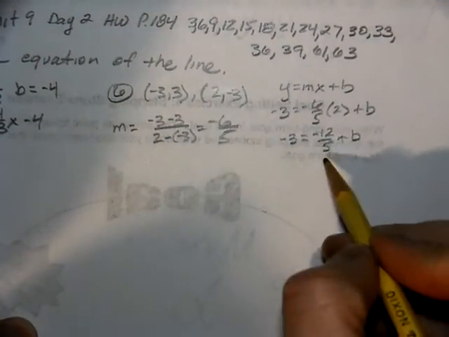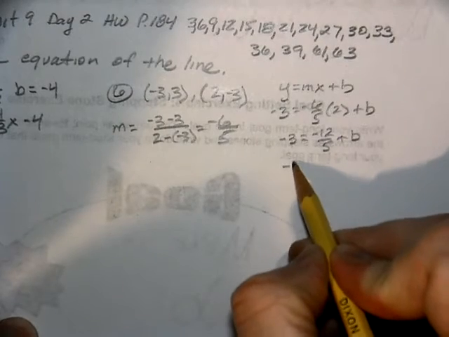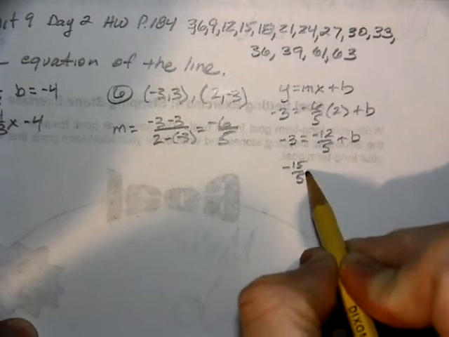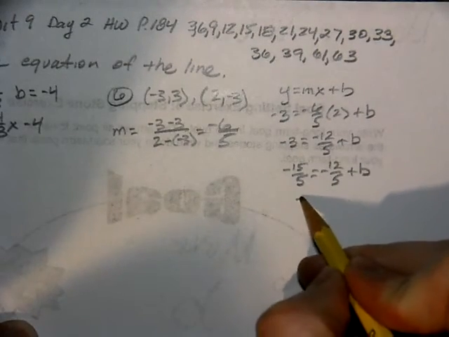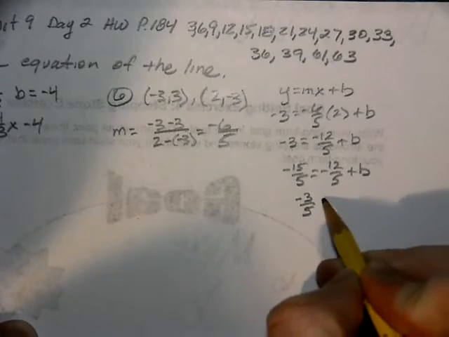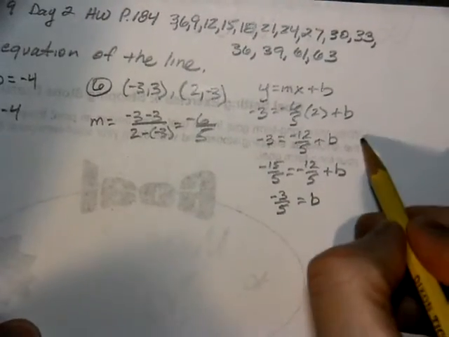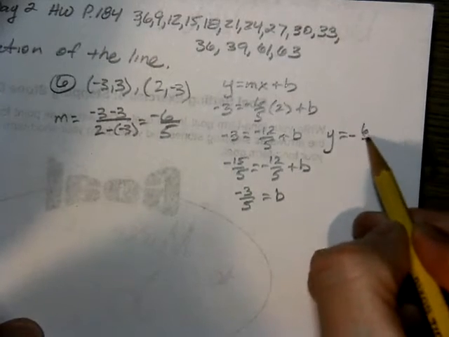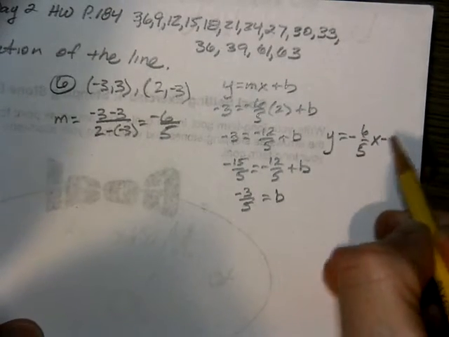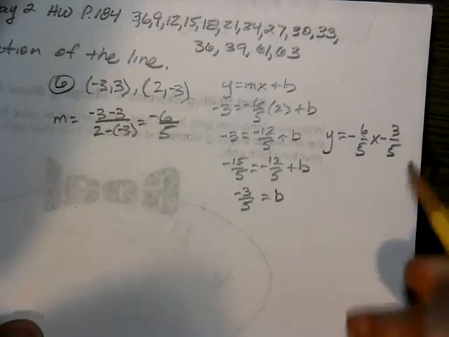Now, if we're going to keep it in fraction form, I need to have common denominators. So I'm going to call this 15/5. And when I add that across, I'll get negative 3/5. So my final equation now is going to have a slope of negative 6/5 x minus 3/5.